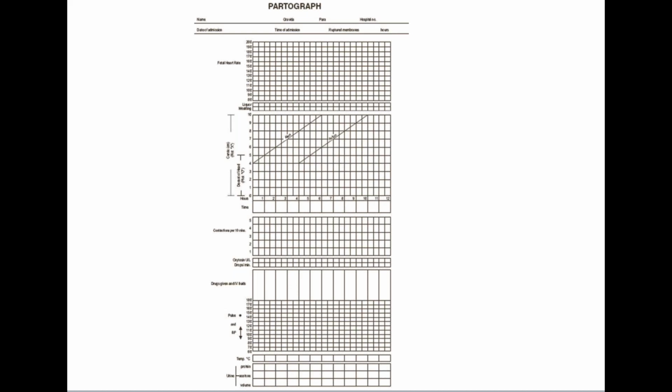If the patient is receiving IV fluid during labor, I need to write it here in the blank square. What kind of IV fluid, whether it is Hartmann's or Ringer's, any solution running, and if we add any IV drugs or anything, we need to write it.